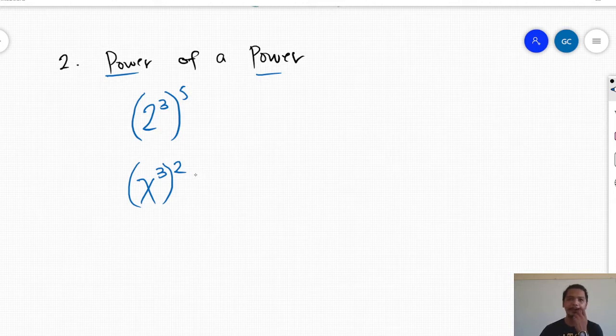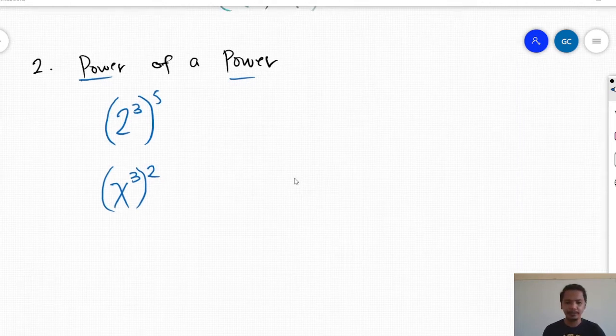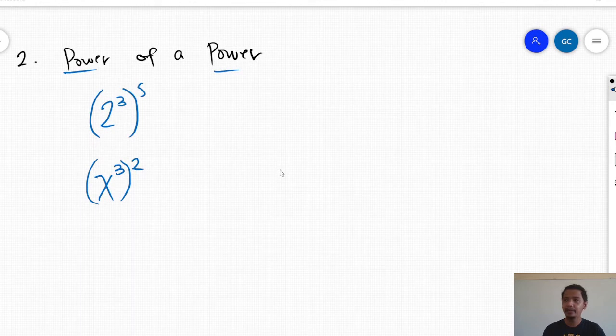So ganito ang mangyayari. Kanina, ang sabi natin, kapag meron tayong number or value na raised to a number, kailangan lang natin i-multiply yung number na yun sa sarili niya kung ilang beses yung nakalagay na exponent.